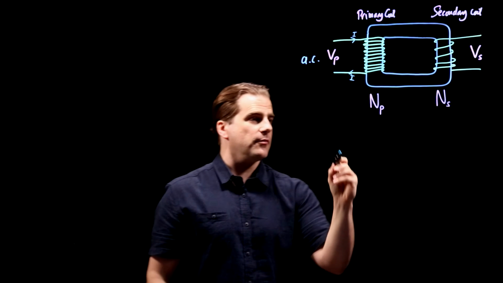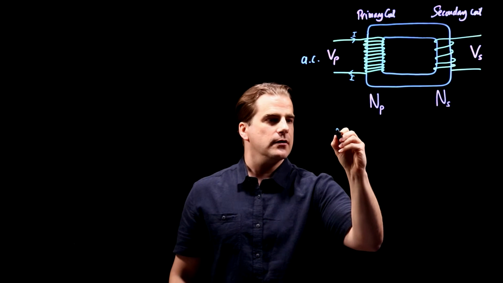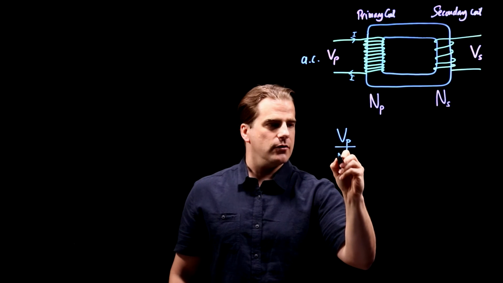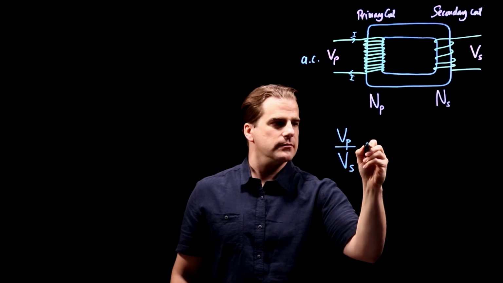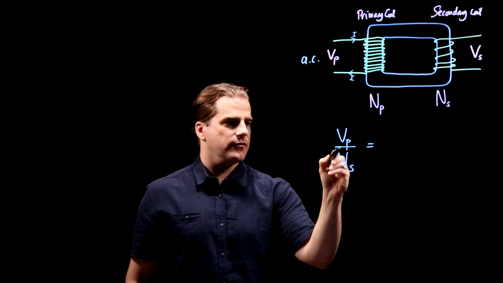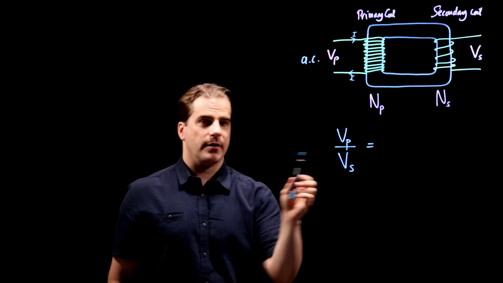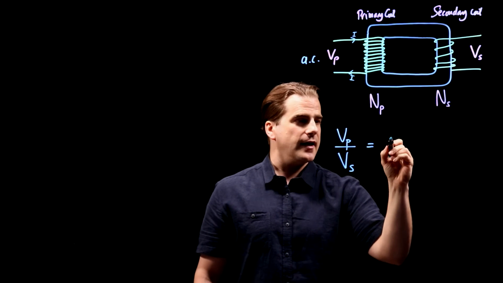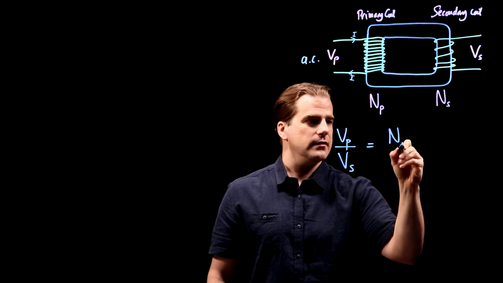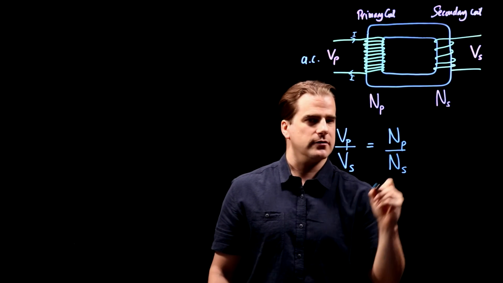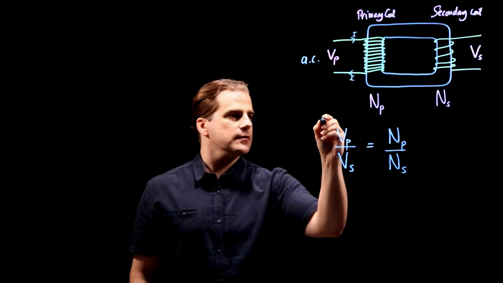So, in equation form, that means that the ratio of the primary voltage to the secondary voltage, in other words, the primary voltage divided by the secondary voltage, or voltage in divided by voltage out, is the same as the number of turns in divided by number of turns out. Right?